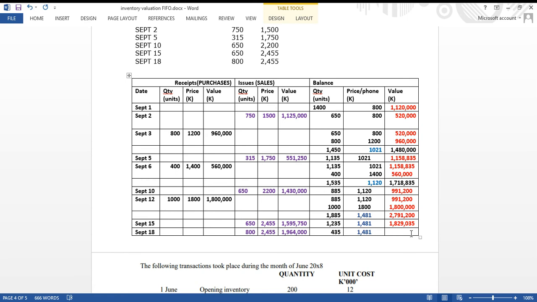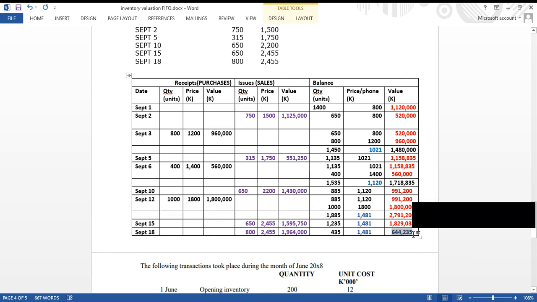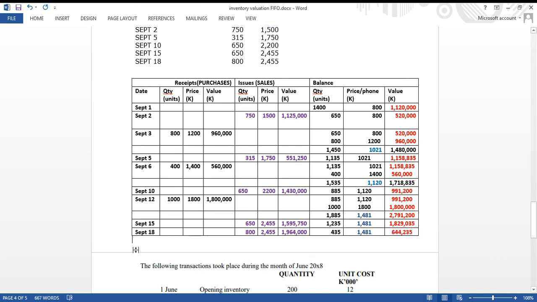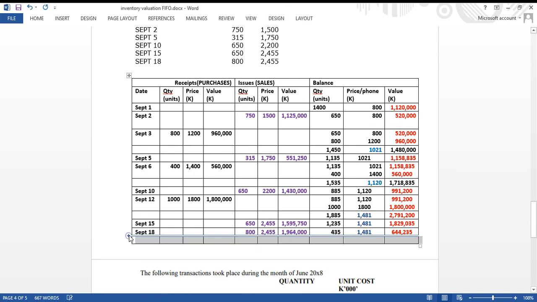We get 644,235. Go to our next transaction now.